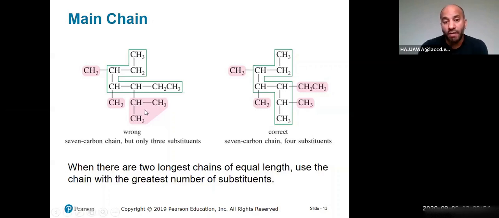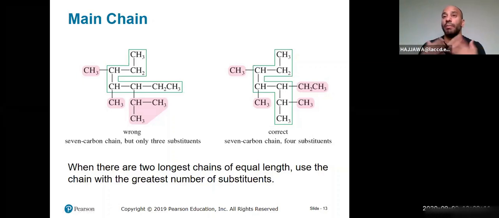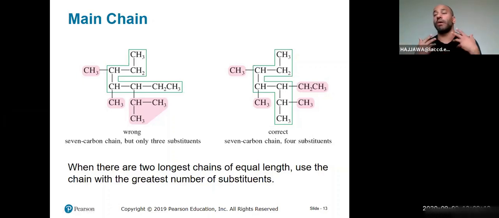Here you have a branch of a branched group, while here you have more simple substituents attached to that longest chain of carbons. So you may face having equal longest chains in the same molecule, and you choose the one that has more substituents attached.